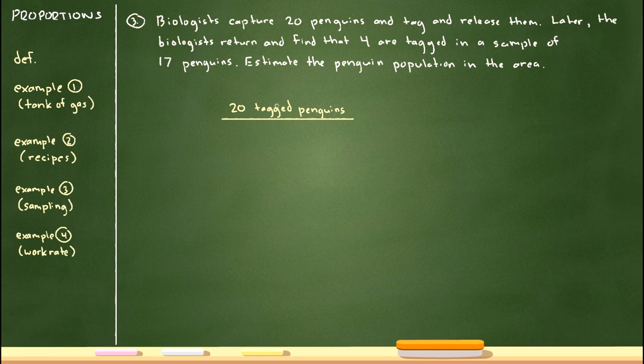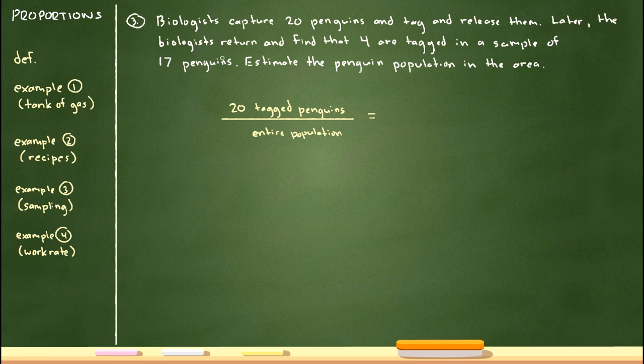Well, it would be 20 divided by the entire population. So let me just write that out. The entire population. And this should be equal to the ratio that we found here. We have 4 tagged in a sample of 17.